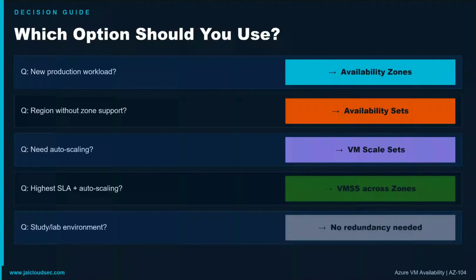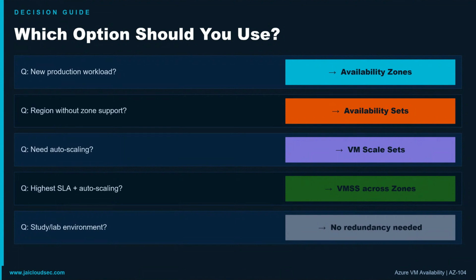Before I recap, let me give you the quick decision guide for when you face this choice in an exam or in real life. New production workload, region supports zones, use availability zones. Region does not support zones, use availability sets. Need autoscaling on top of availability?